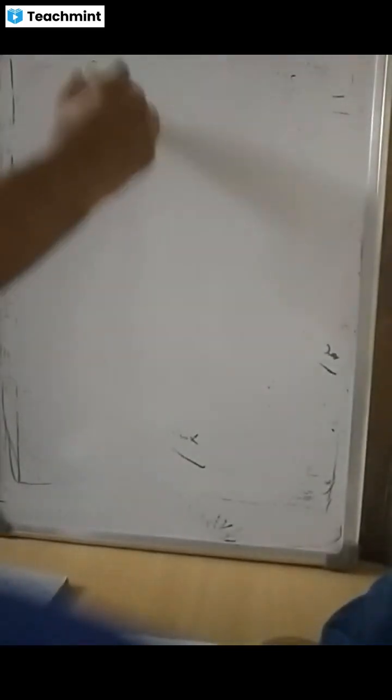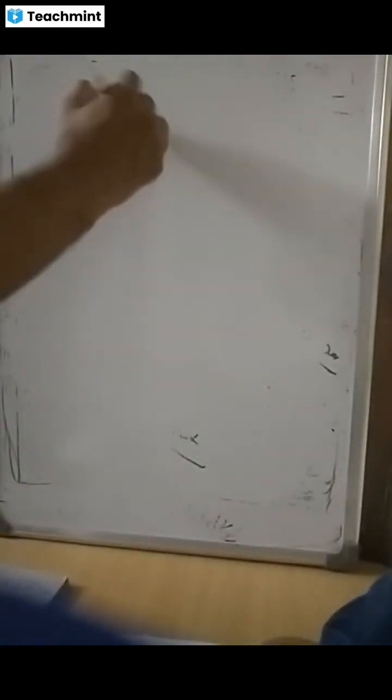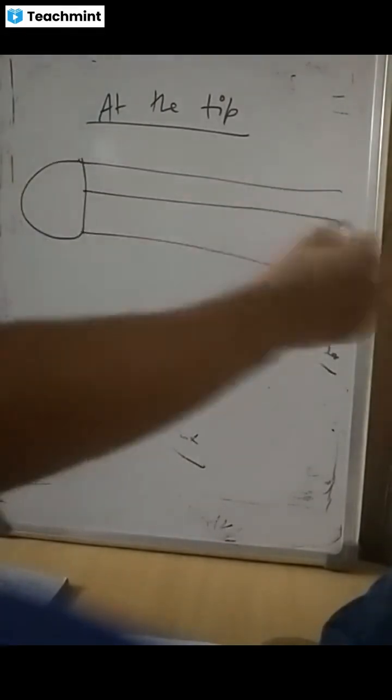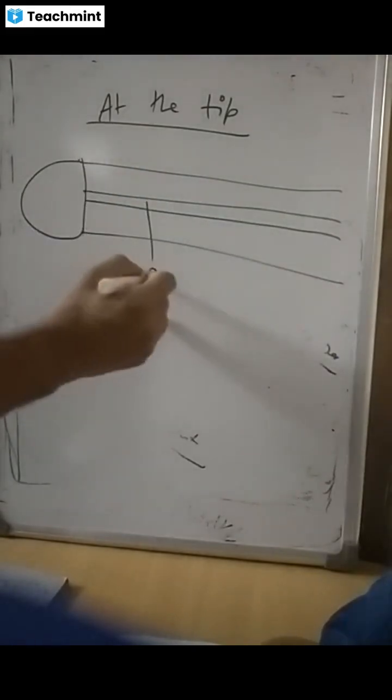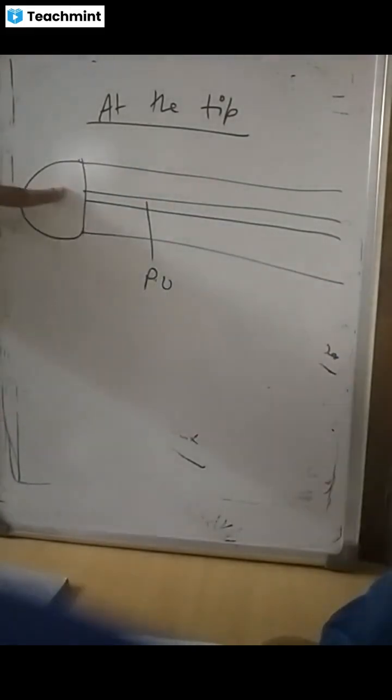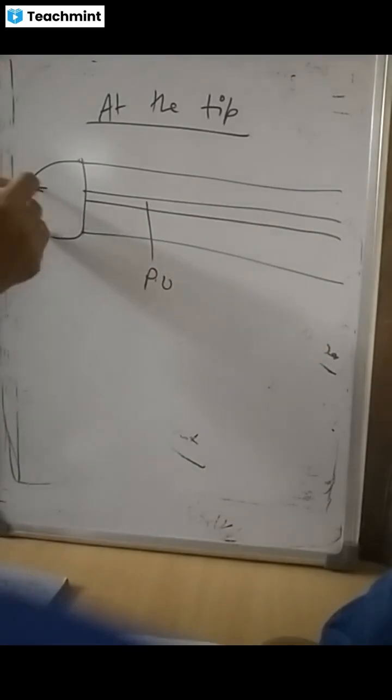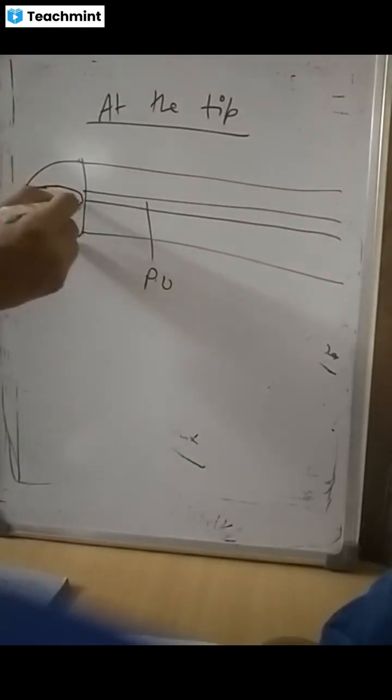So what happened? Up to this level, this is not present here. So what happens here? One ectodermal invagination will develop.